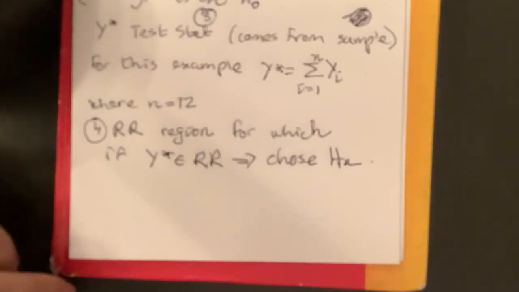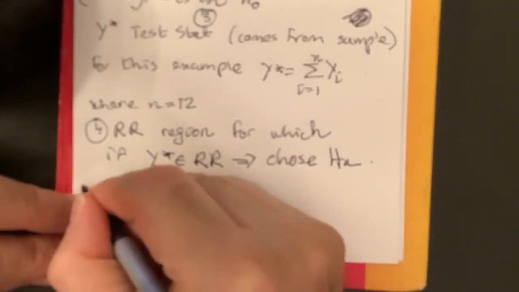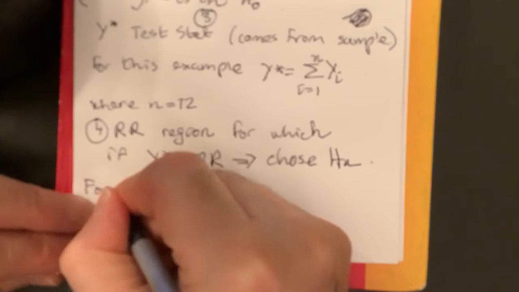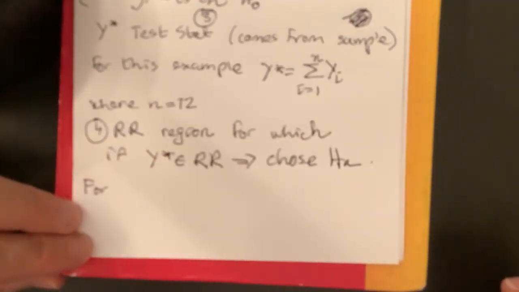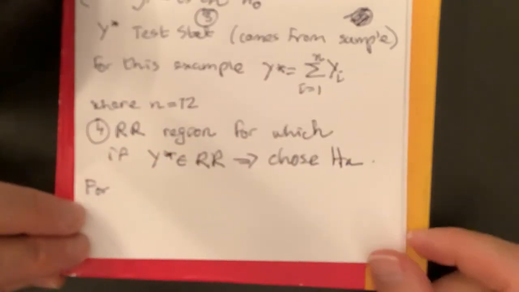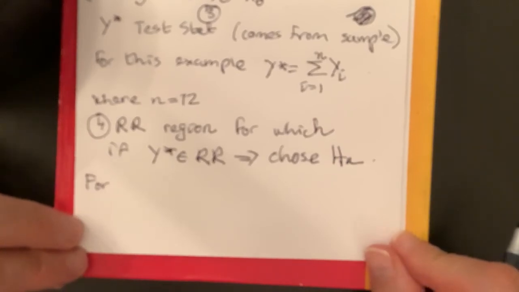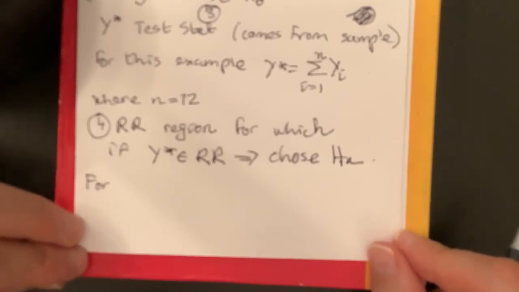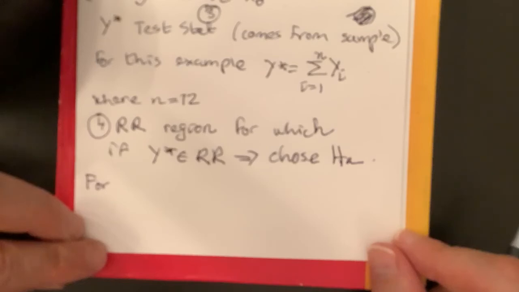So for this case, and it's pretty much always for this particular test, I mean, it could be a different application, but when we're testing P from a Bernoulli distribution, and we want to test if it's greater than something, we would have this kind of test.